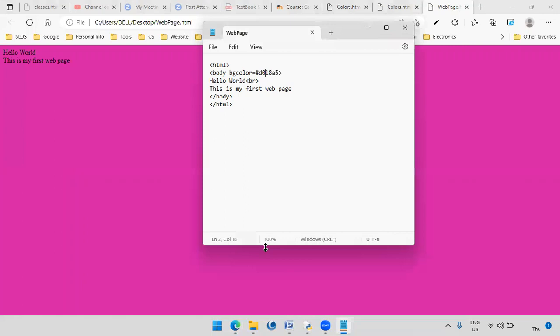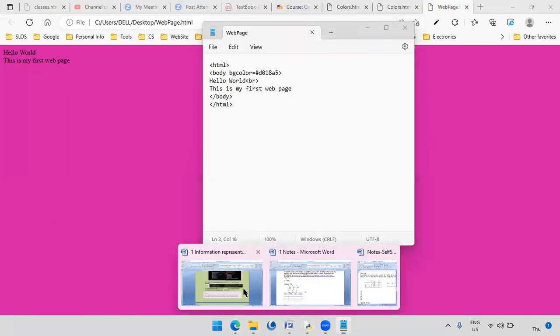In fact, you can get up to 16 million colors or shades, because for each byte, for red, there are 256 values. For green, there are 256 values, because FF is 256. One byte has a total number of values of 256. So 256 times 256 times 256 will give you 16 million plus colors, right?